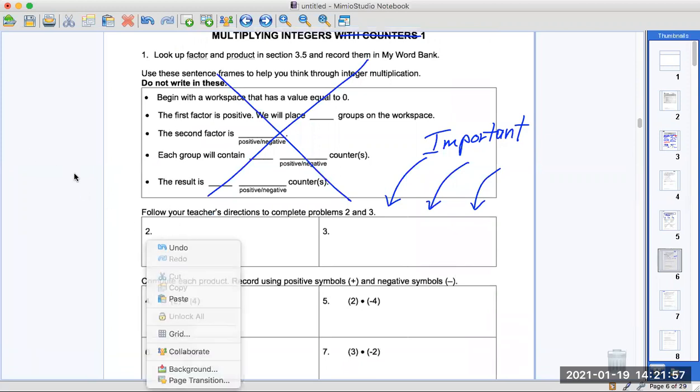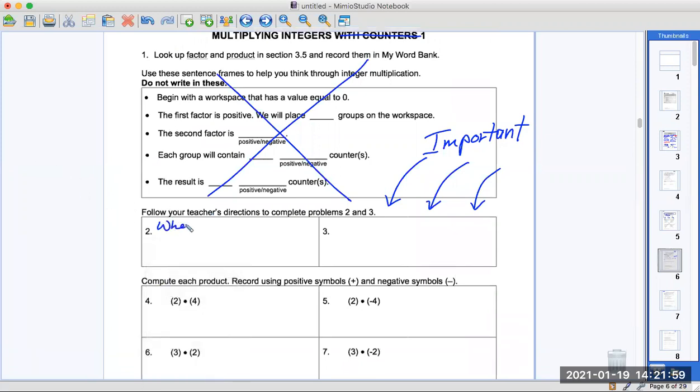So I'm going to say in here, when multiplying two numbers, simply combine their signs.